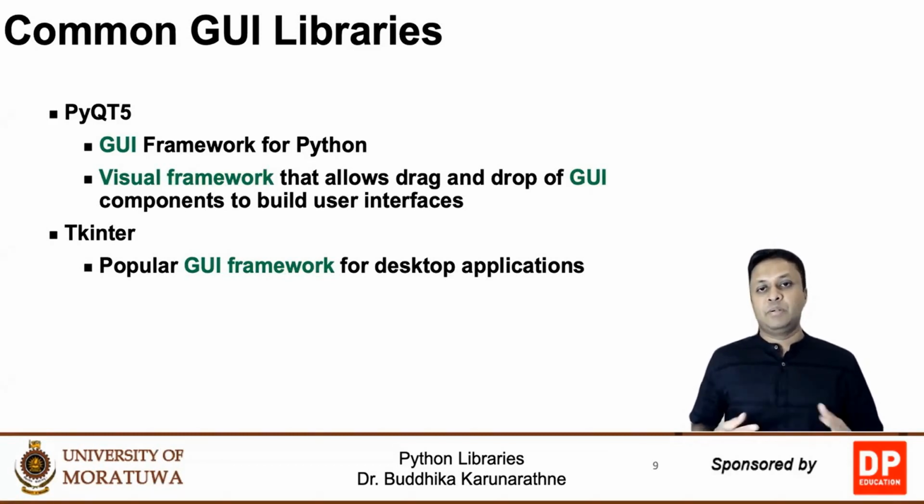PyQt5 is actually a visual framework that allows drag and drop of GUI components like buttons, labels, text boxes, etc. As such, it provides a convenient framework for GUI or graphical user interface development. tkinter is also popular for developing desktop applications.